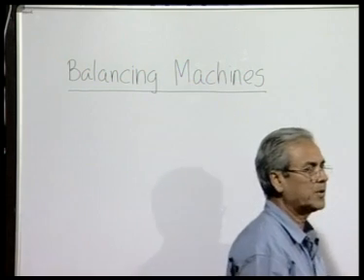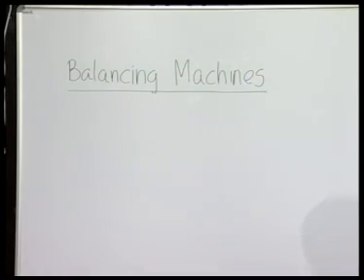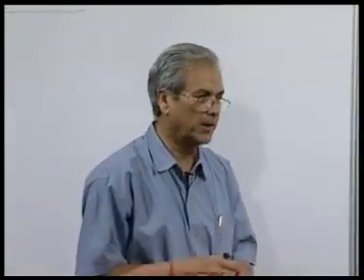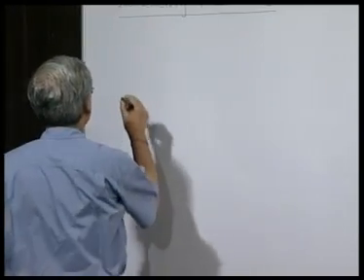We will take up two types of machines, one a very simple and rather crude version, which is called the pivoted carriage machine.